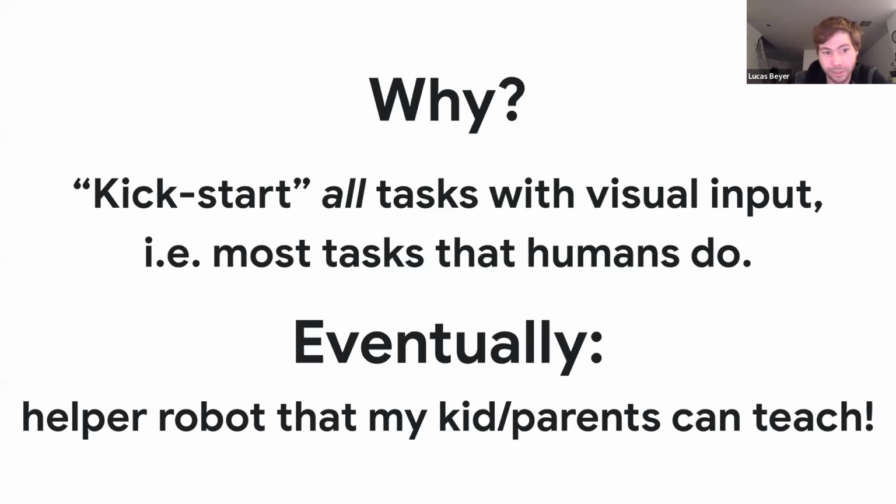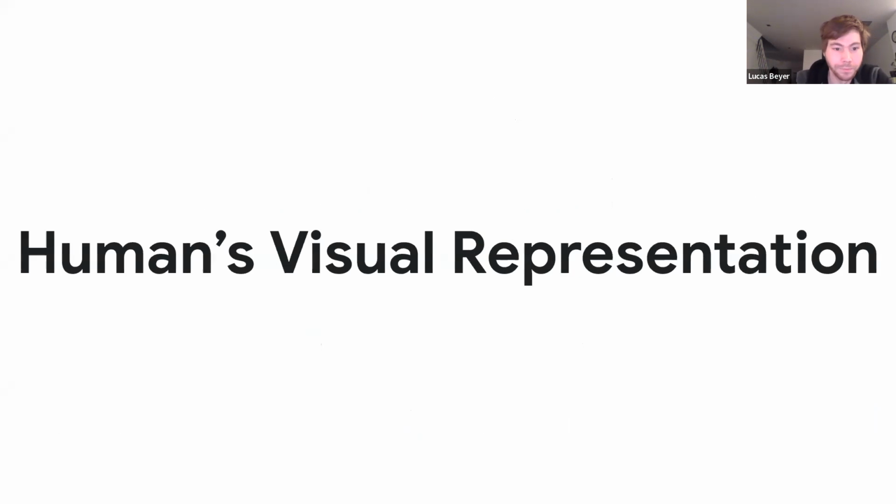Other topics would be learning from demonstration, for example. Maybe the teaching goes by showing the robot what to do. Could be speech recognition parts, like maybe we need to just explain in words to the robot what to do and it would understand it. It would be really cool. But for now, I've been focusing on the visual representation part first. That's the ultimate goal and motivation of basically all the research that you will see presented here.